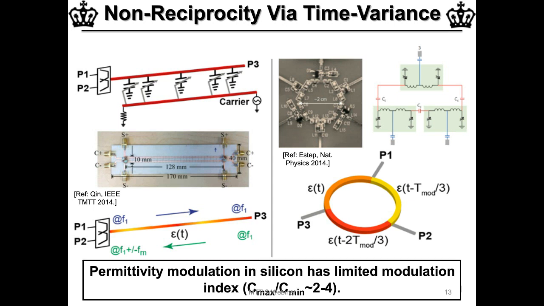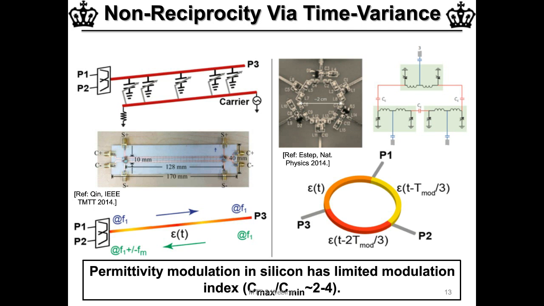So signals can propagate from port 3 to port 1 and from port 1 to port 2 and port 2 to port 3, but not in the reverse direction. And so now we've essentially realized circulation in a ring, or essentially a circulator as a non-reciprocal component. And the advantage of this approach is that the non-reciprocity is achieved without creating a frequency shift in the signal that is actually propagating.